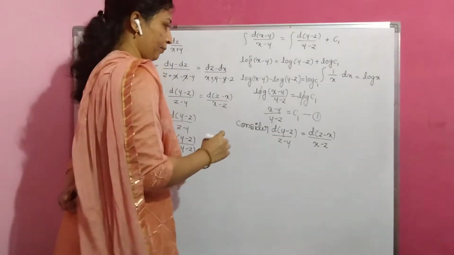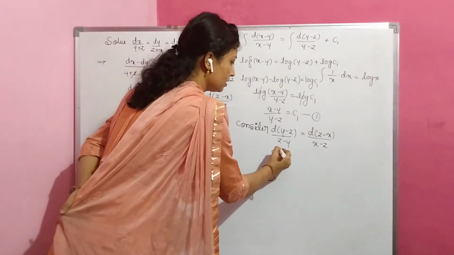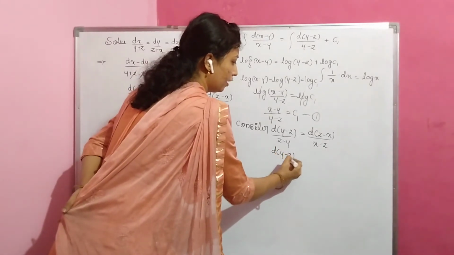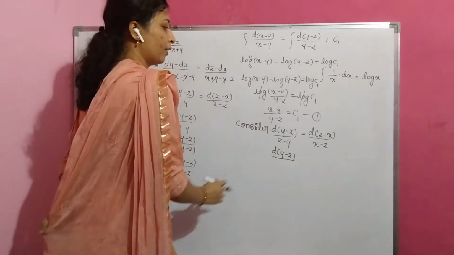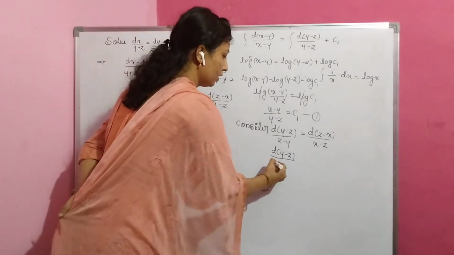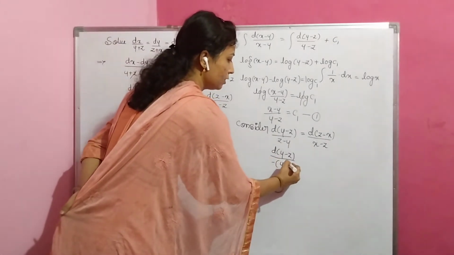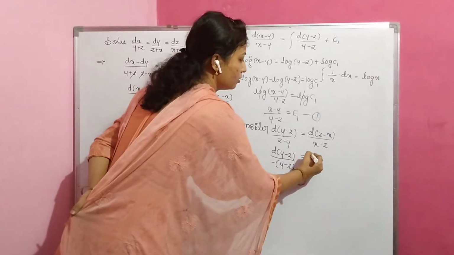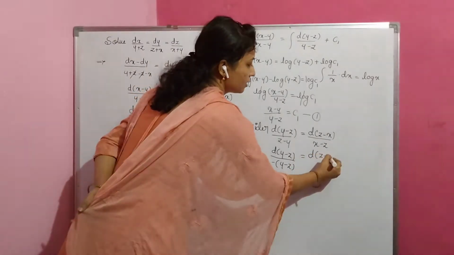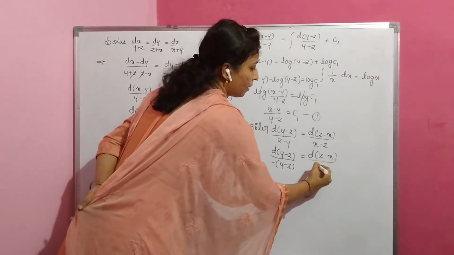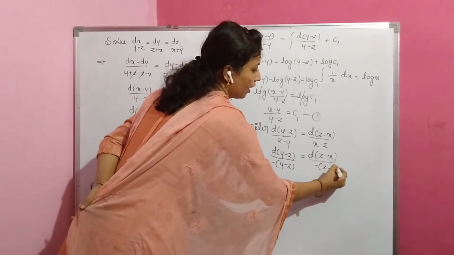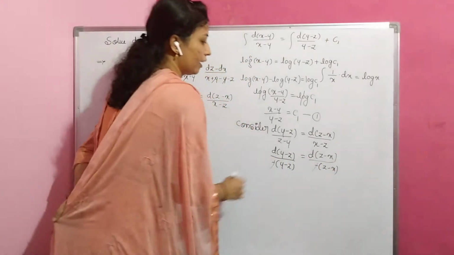Then next, d of (y minus z) divided by, if I take the minus sign as common, then in the bracket we have (y minus z), and again here also d of (z minus x) divided by minus of (z minus x), the negative sign gets cancelled.